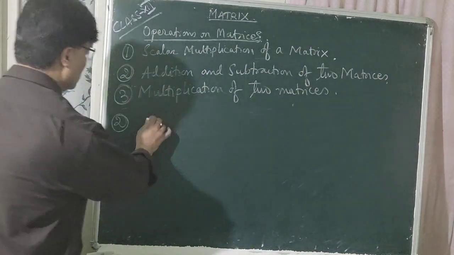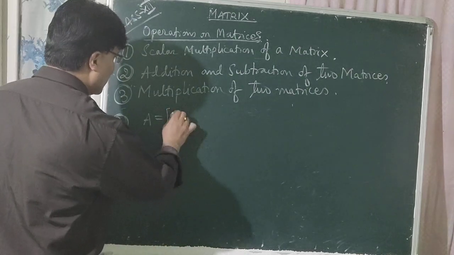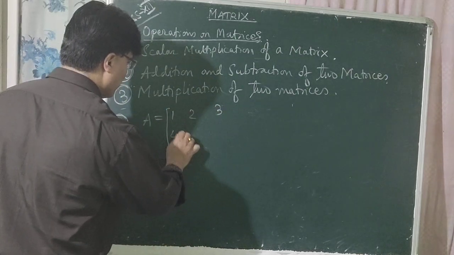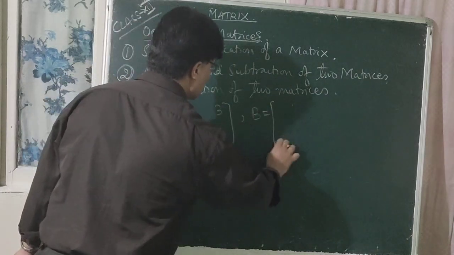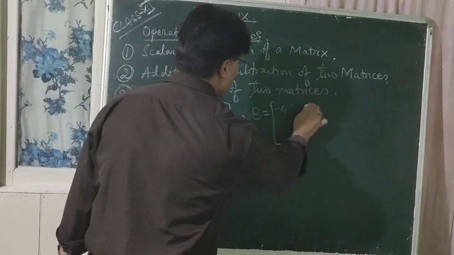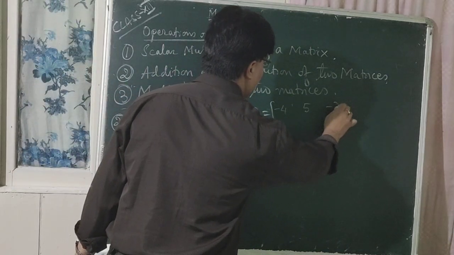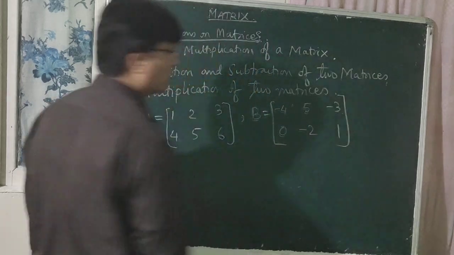For example, suppose A is equal to 1, 2, 3, 4, 5, 6, right? And B should be also of the same order, that is -4, 5, -3, 0, -2 and 1.